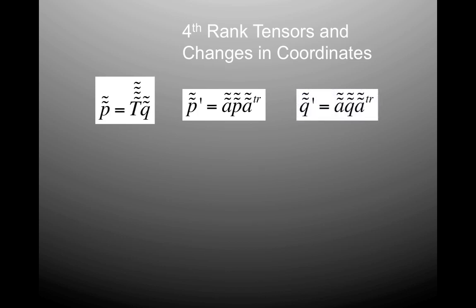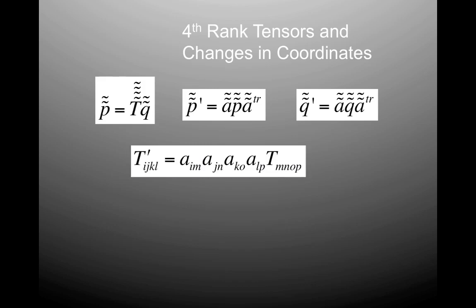Likewise for Q. So it's no surprise that it's going to take 4 applications of the transformation matrix in order to transform a fourth rank tensor. Here is the Einstein summation notation for the transformation of a fourth rank tensor T into primed coordinates using transformation matrix A.